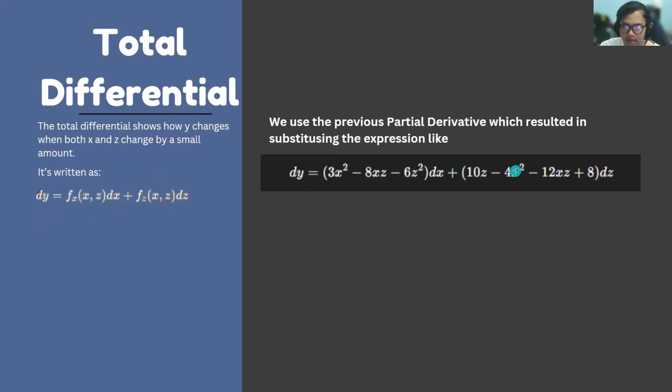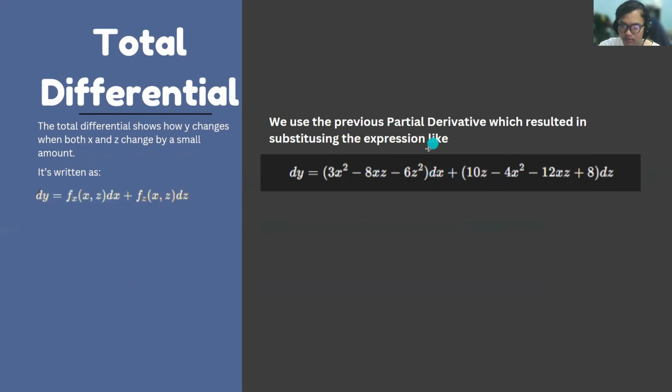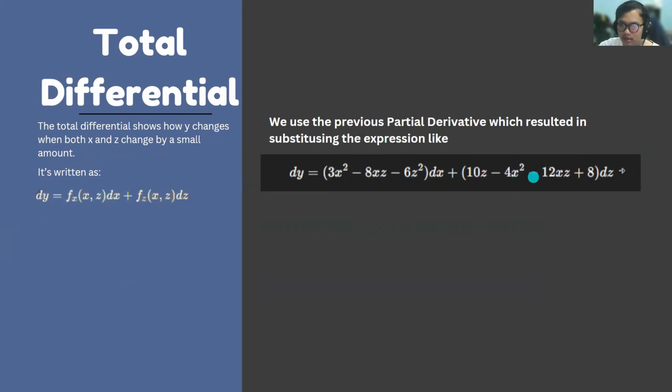Like this, we can use the previous partial derivative for the mathematical question. All we had to do was just insert the fx part, which is the partial derivative with respect to x, dx, plus the partial derivative with respect to z, dz, and this is the answer. We only had to do it like this.